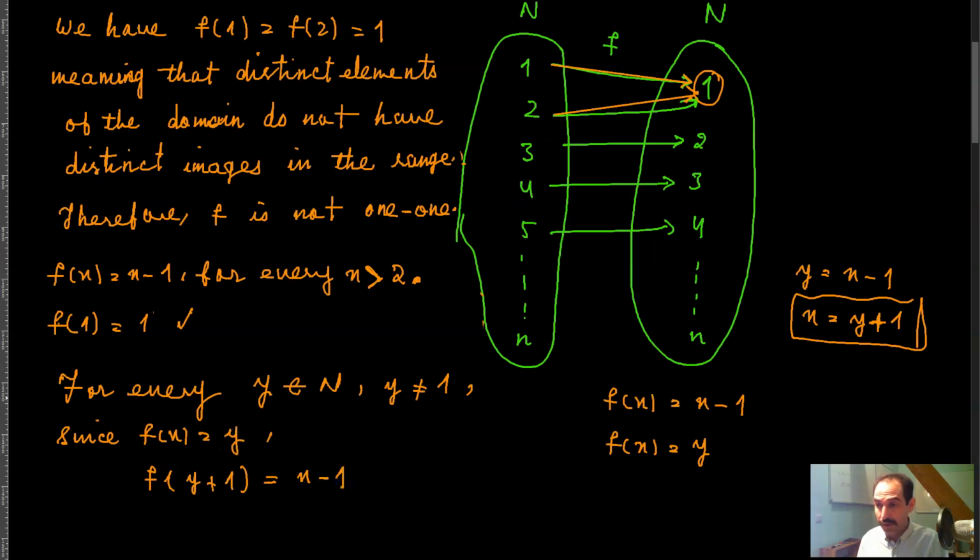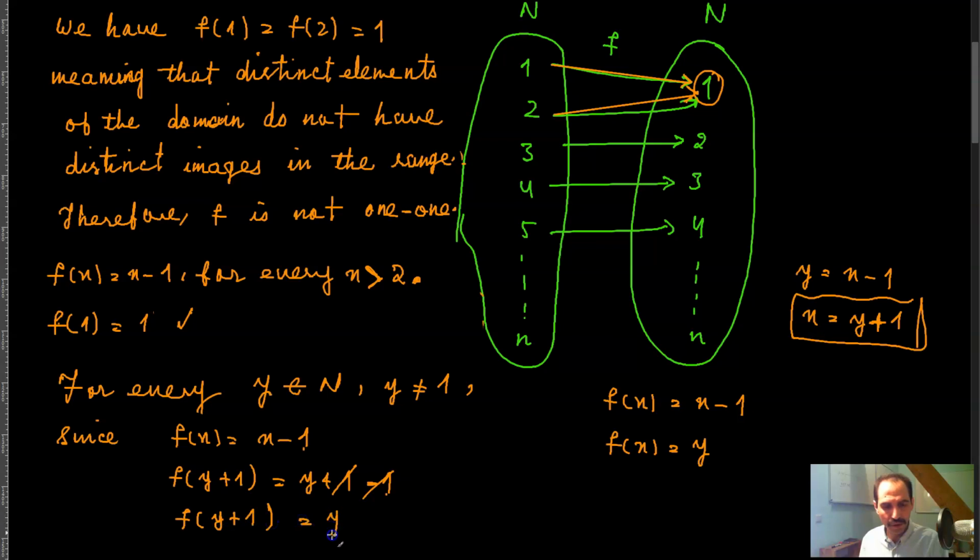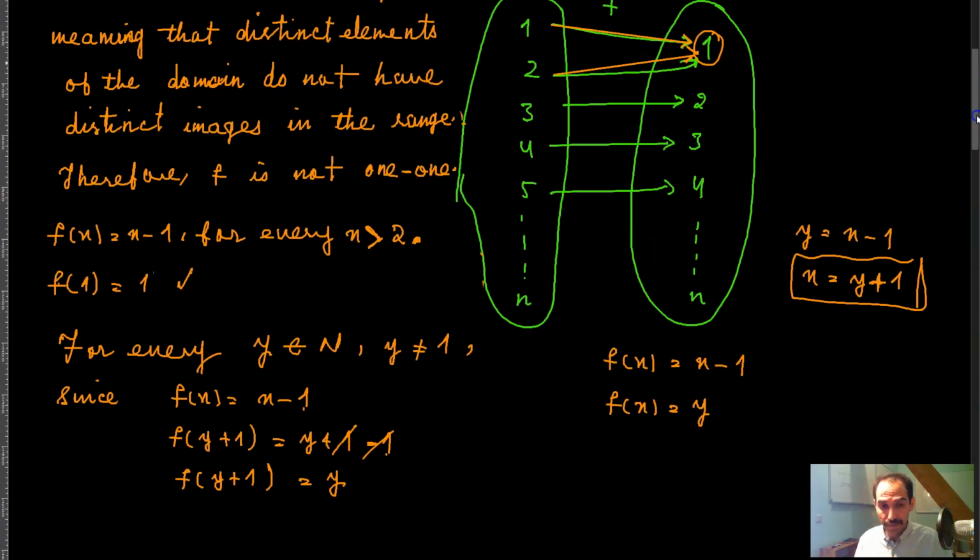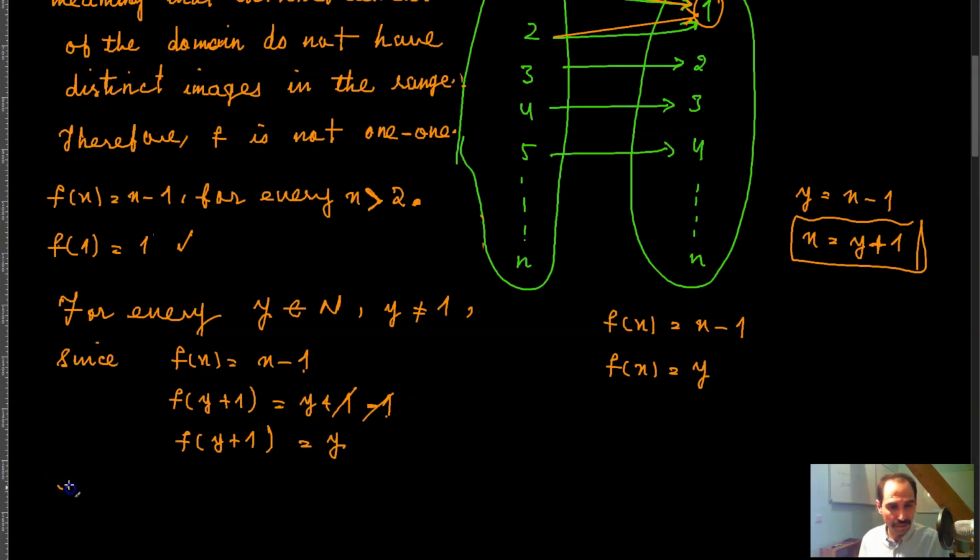Of course, f of x is supposed to be x minus 1. Now, if I write x as y plus 1, so f of y plus 1 is equal to x, which is equal to y plus 1, and you have a negative 1 over here, so these two will be cancelled out, and so you have f of y plus 1 is equal to y.